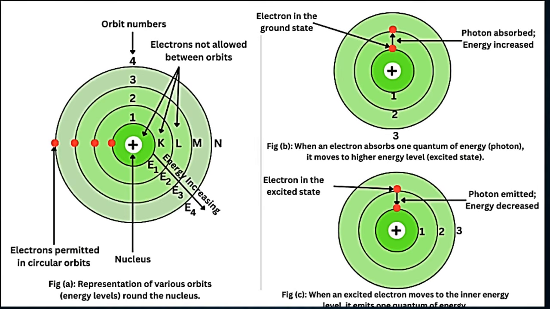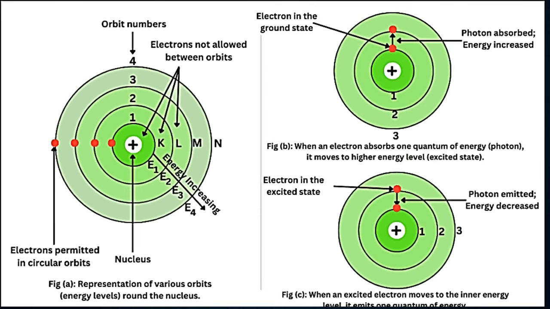When the electron absorbs energy in the form of photons, it becomes excited. It moves from the lower level, the ground state, to what we call the excited state. So where the electron is now is what you call the excited state.